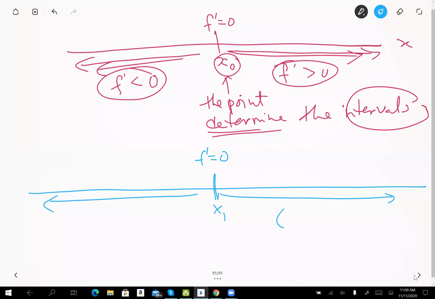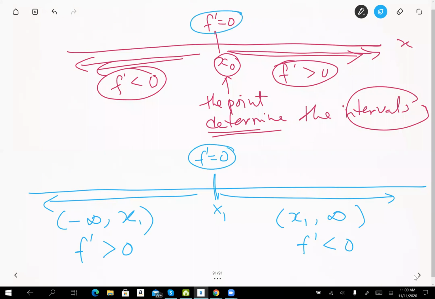The interval here is x1 to infinity, and this interval is negative infinity to x1. From the graph, f prime here is negative, f prime here is positive. The important point is that the critical point will determine the intervals.